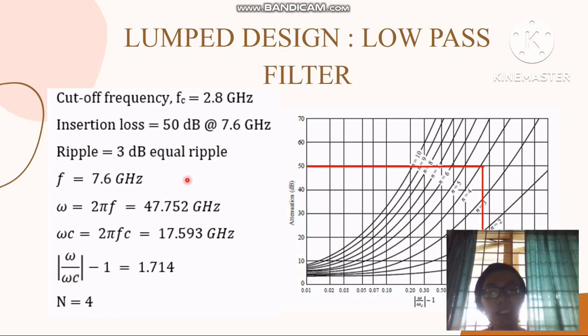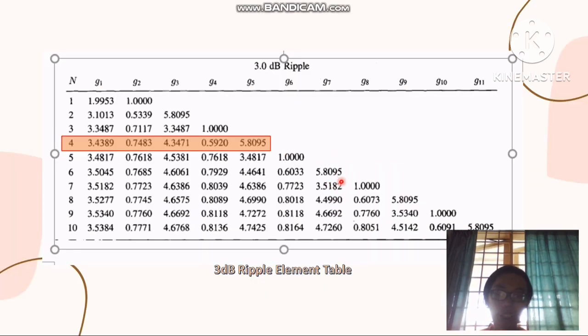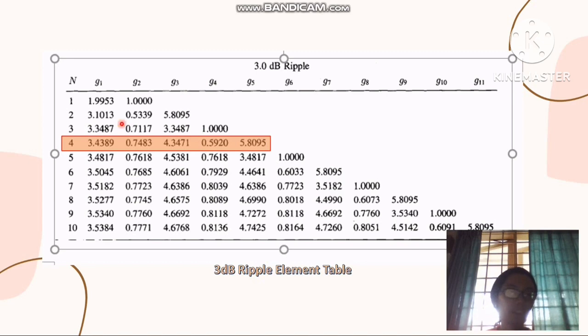By using these results, we can insert this result into this attenuation graph, and we can get that our order is a fourth order filter, which is n equal to 4. After we decide our order, we can use the order to see the ripple element table, which is n equal to 4, and then we will use these 5 results, the G1 until G5.